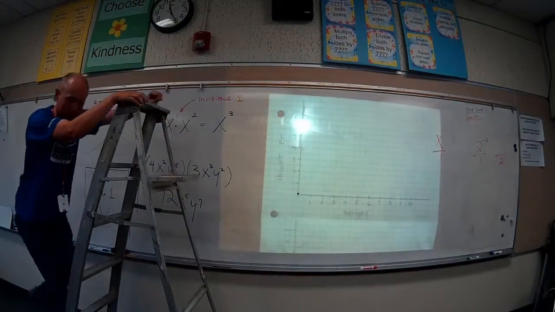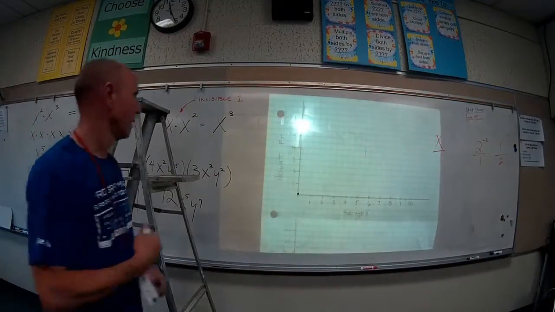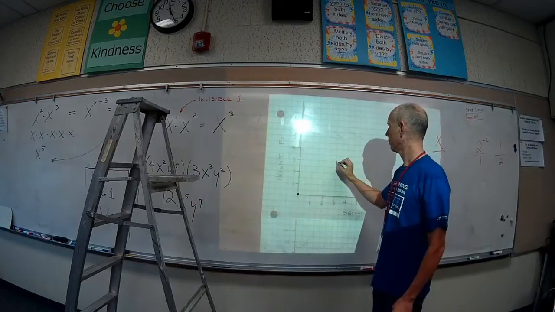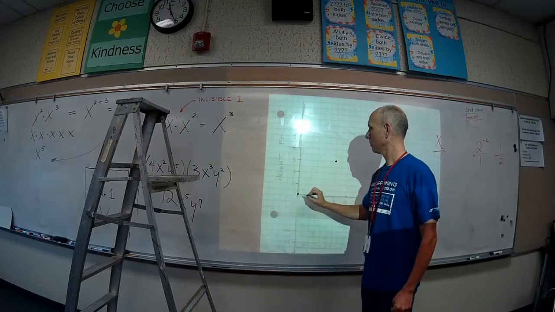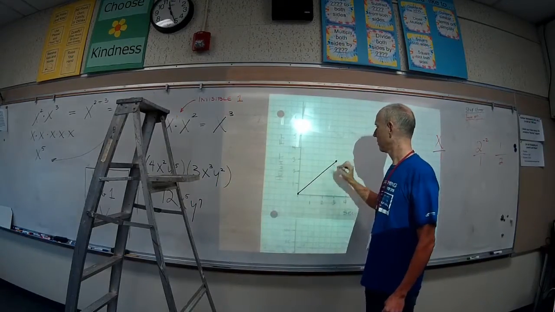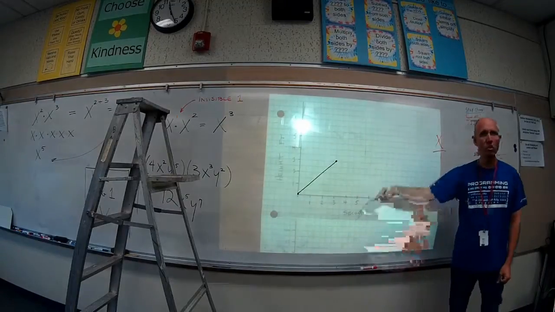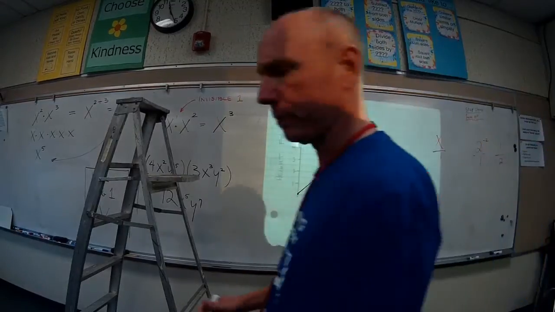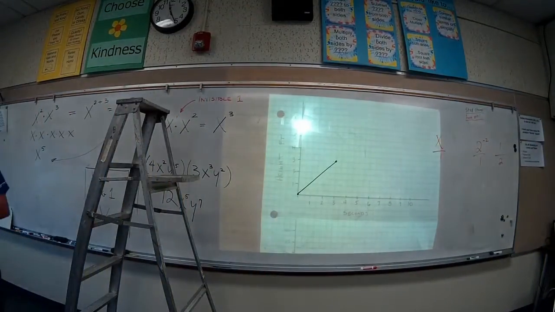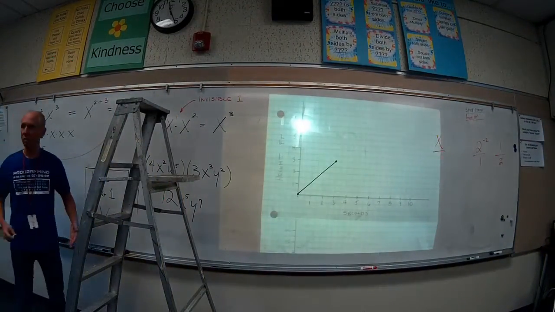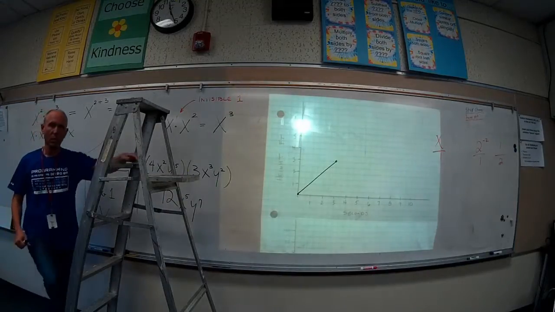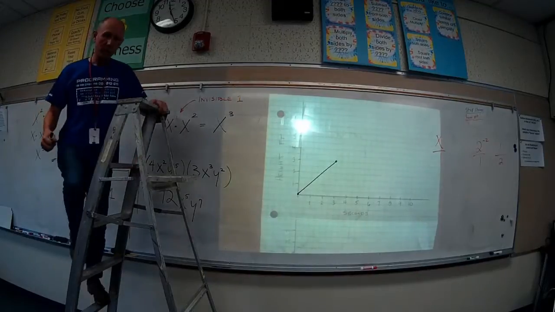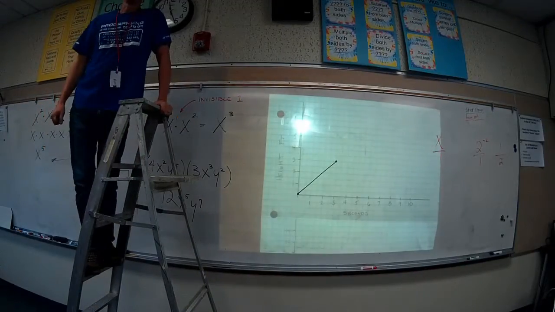I'll put it on mine. We just modeled what I did on the ladder. 0 seconds, 0 feet. 1 second, 1 foot. 2 seconds, 2 feet. 3 seconds, 3 feet.